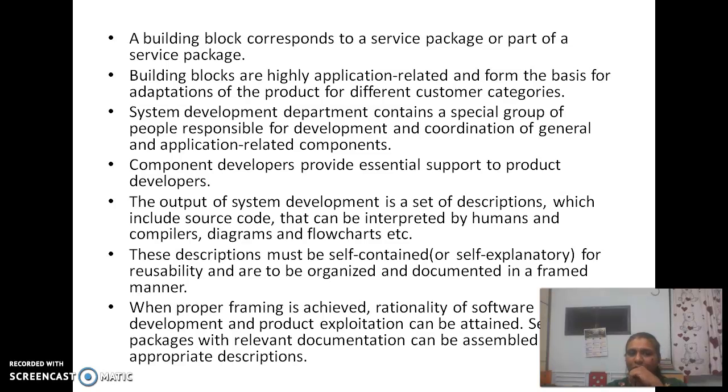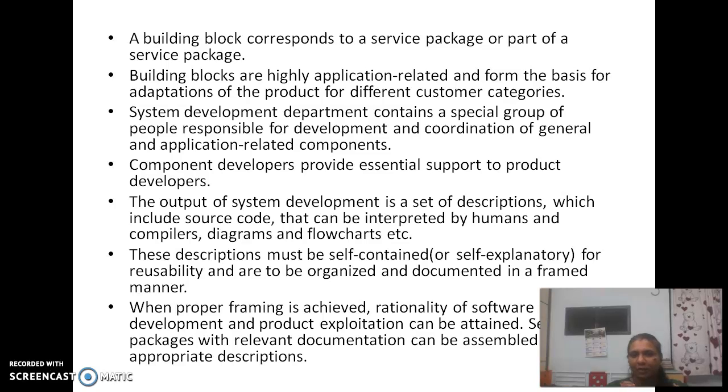So the output of the system development is a set of descriptions which include source code that can be interpreted by humans, compilers, diagrams and flowcharts, etc. These descriptions must be self-contained, which means they should be self-explanatory for reusability and are to be organized and documented in a framed manner.